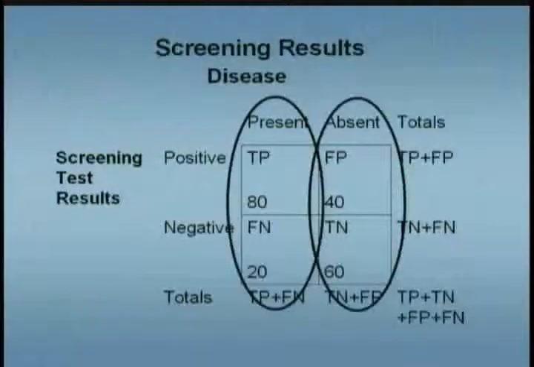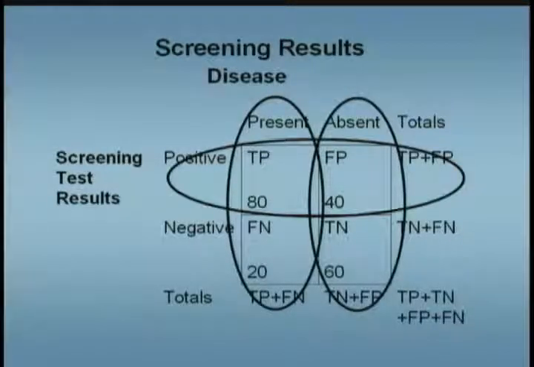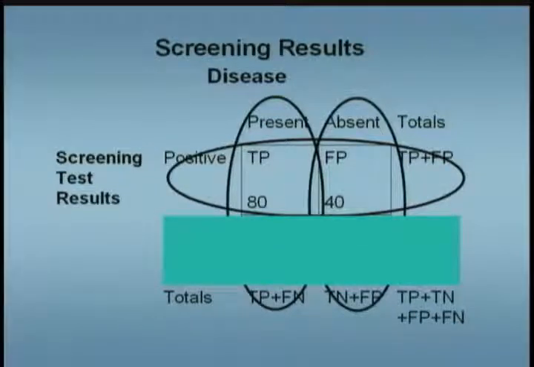Well, just from the pattern of the table, I hope this is apparent to you. We're going to be focusing now exclusively on the top row of the table. The top row of the table is where all the positives are. Therefore, we can safely ignore entirely the bottom row of the table, which is nothing but negative. This is positive predictive value, and all we need to focus on is nothing but the positives.